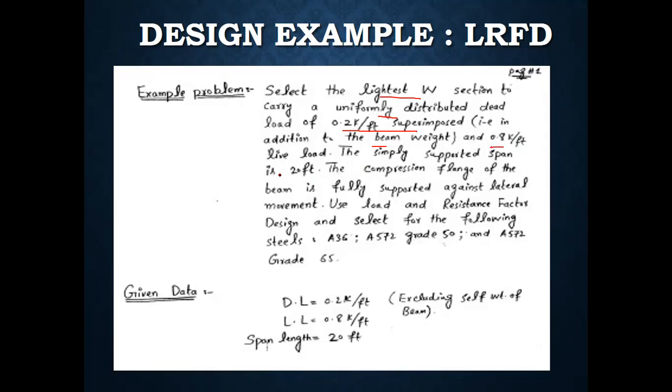The simply supported span length is 20 feet. The compression flange is fully supported against lateral movement, so there is no lateral movement in the member.